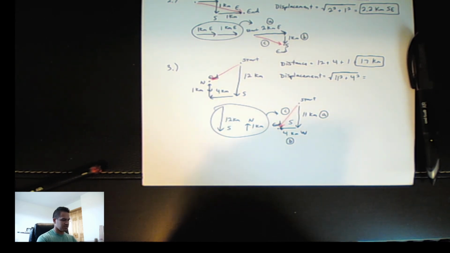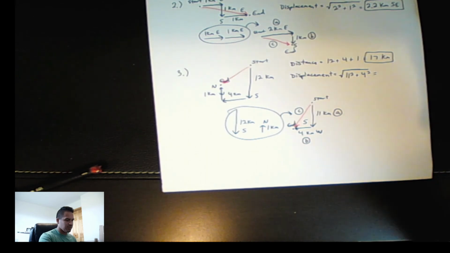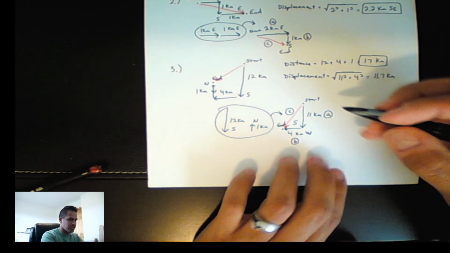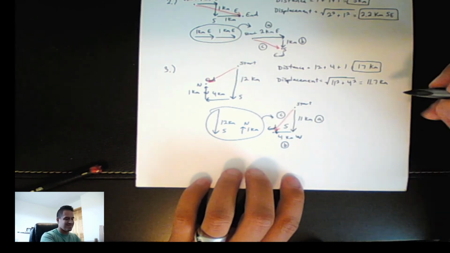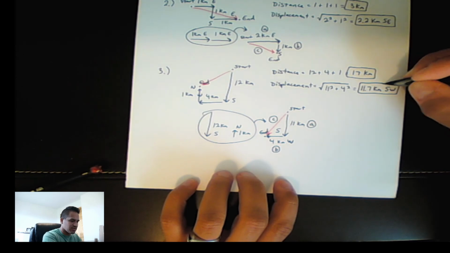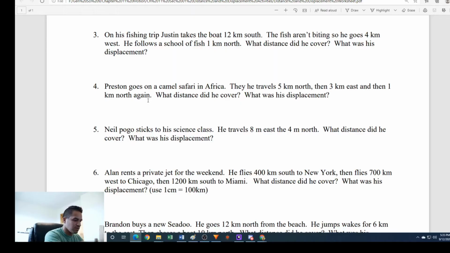Let me just double check this. 11.7 kilometers. And our direction is going to be southwest. So 11.7 kilometers going southwest. That is our answer. Hopefully that gives you some clarity on how to do these problems.